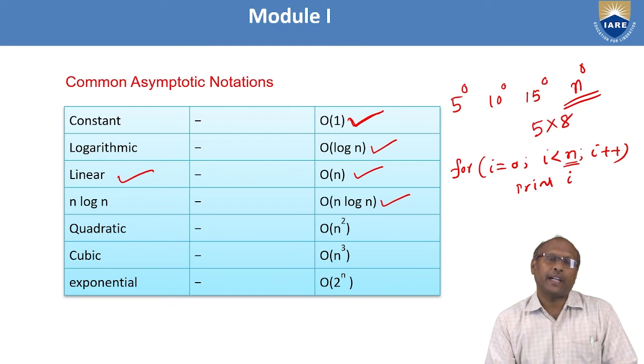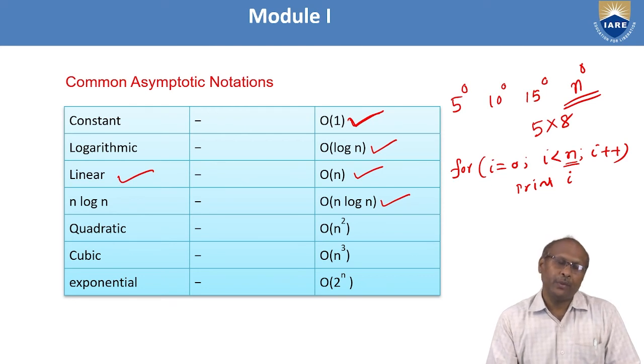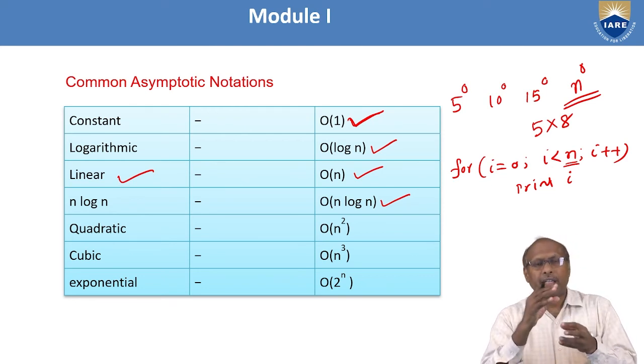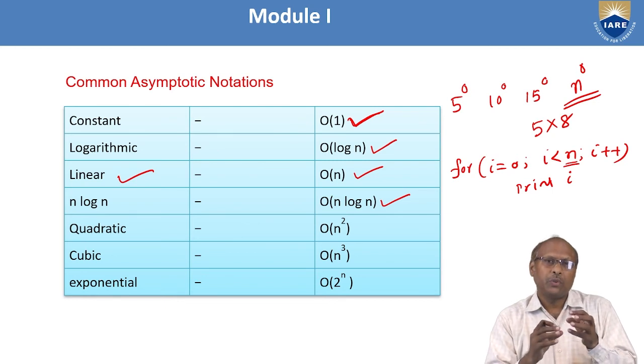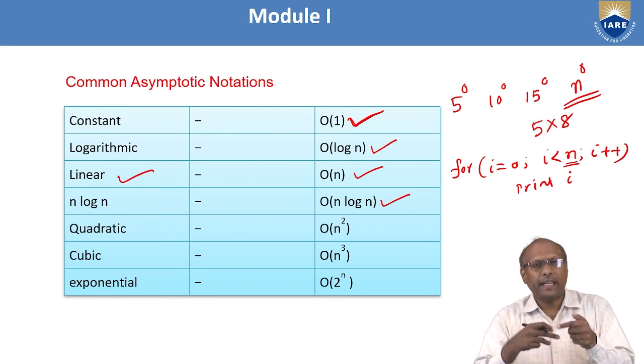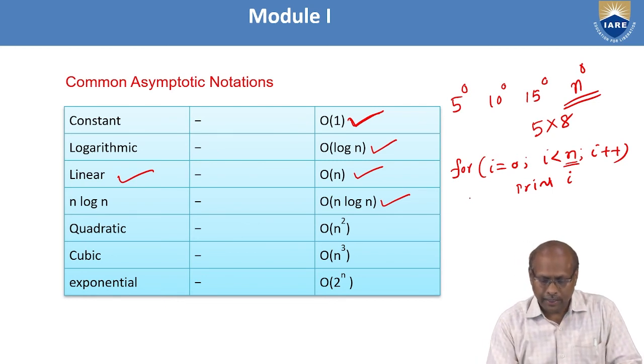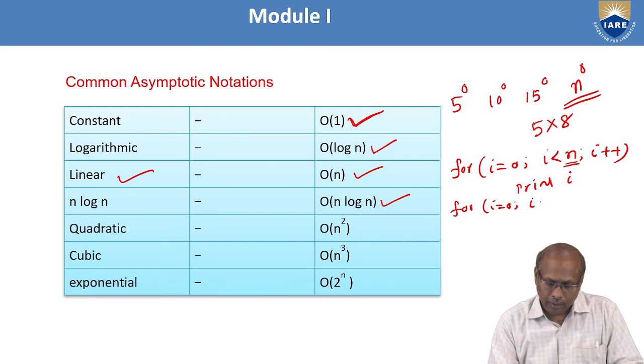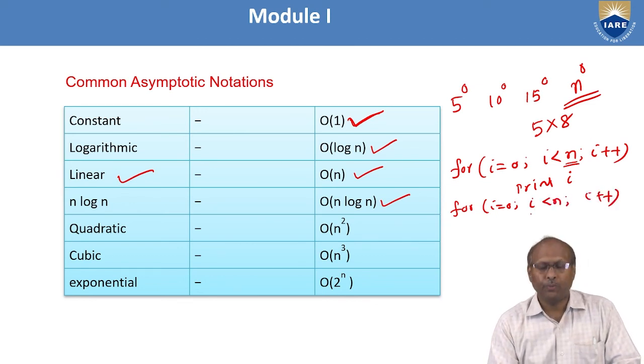Sometimes it may go for quadratic. That means a loop within a loop. So whenever a loop within a loop comes, which is repeating the same number of times, n into n time. For example, I'll say for i equal to 0, i less than n, and i plus plus. This is my outer loop.